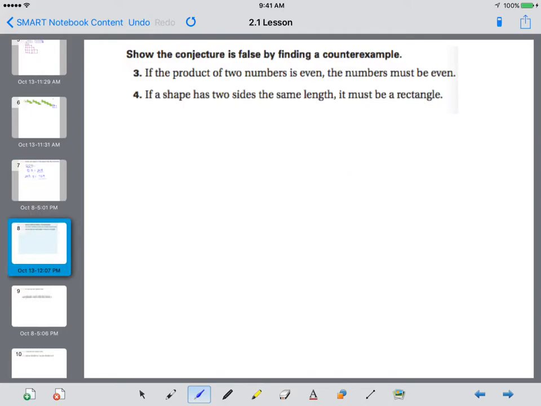Sometimes we'll have an example where we need to show that a conjecture is false by finding a counterexample. Any example that proves that it's not a true statement. So if I look at number 3, it says if the product of two numbers is even, the numbers must be even. So it's saying that if the product of two numbers, so let's say 2 times 2, if the product, the end number, is even, then the numbers we started with have to be even.